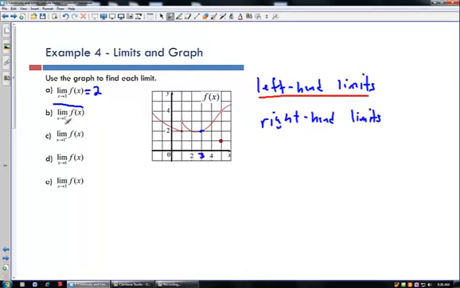So as an example, we have this as a left-hand limit. Let me write it up here. The limit as x goes to 1 from the left of f of x equals what?